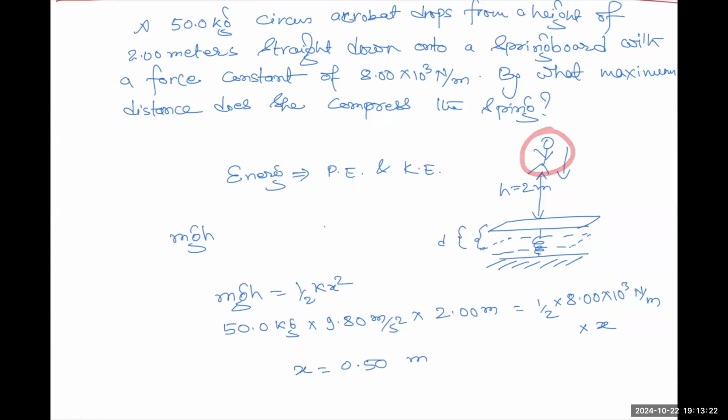Because this person is dropping from this height, and then she is compressing this spring further down, right? So that means our total height is adding up this distance D. So she is dropping down by this height, and then she is again compressing the springboard by distance D, right?